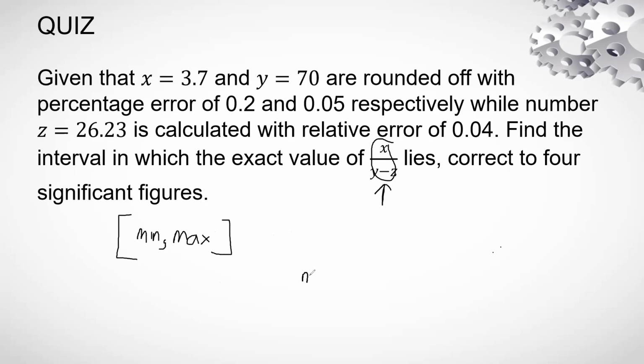So you'd start with your minimum value, less than, then you put x over y minus z, less than the maximum value.